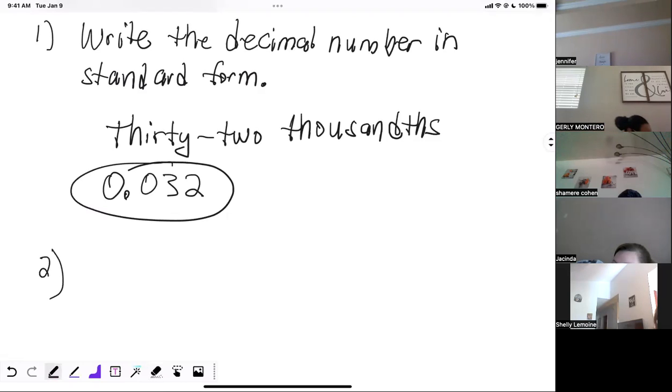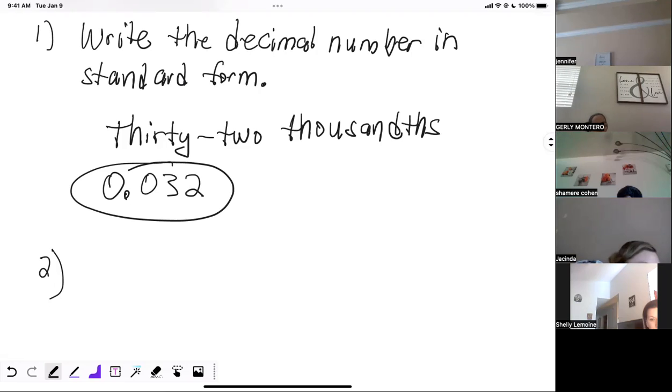Number 2. That first one, when I was doing my homework, I'm not gonna lie, my brain did not function with me during that part of the homework. I was completely thinking of when we were doing just the ones, tens, hundreds, and thousands, the other way, not with the TH in it.